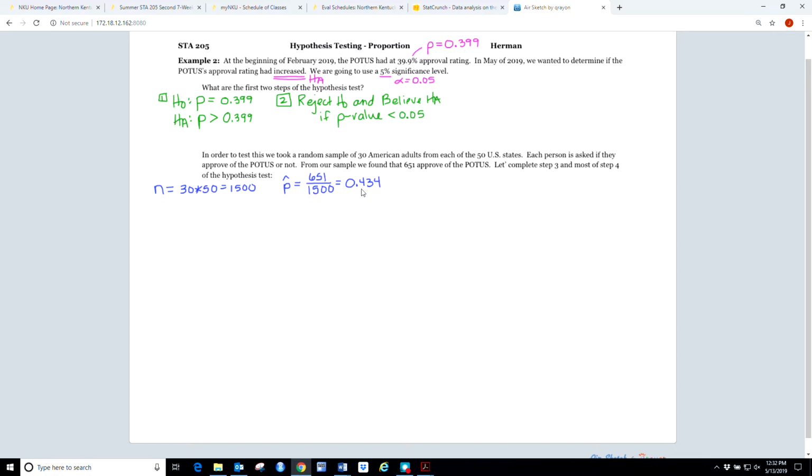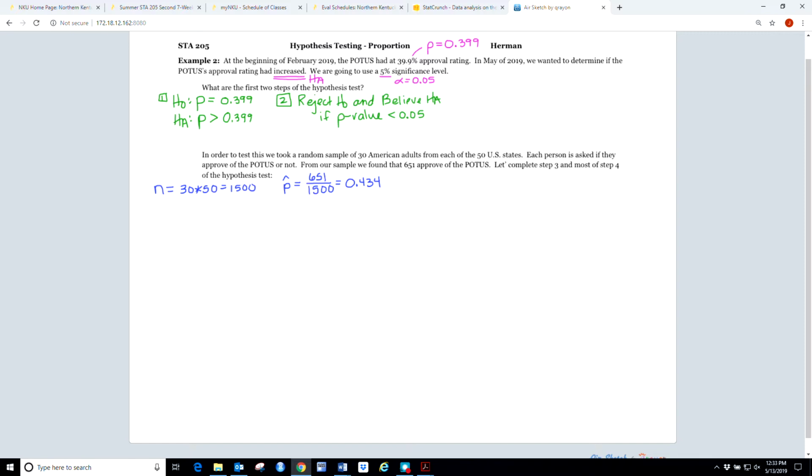Now, just glancing, notice that that number is higher than that 39.9%, but we've only sampled 1,500 people, so our real question is: is this value enough higher to really say that his approval rating has gone up for all Americans, not just our sample? So that's sort of the goal here.